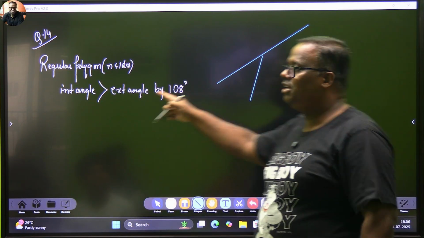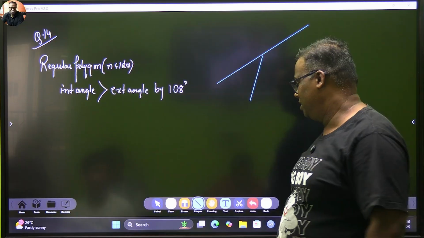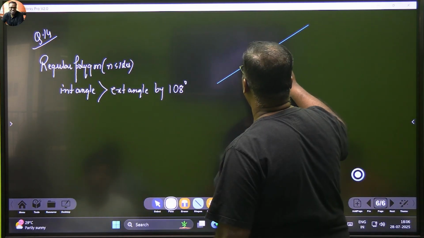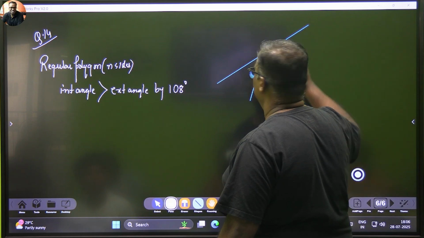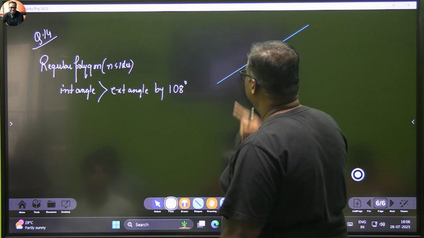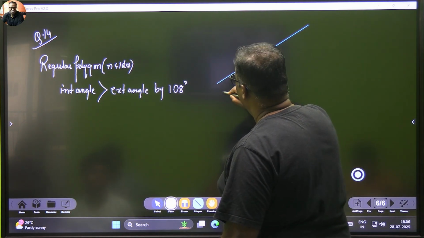Now who is bigger here? The internal angle is bigger, right? So my internal angle exceeds. So if this is x, then this is how much? 108 minus x.